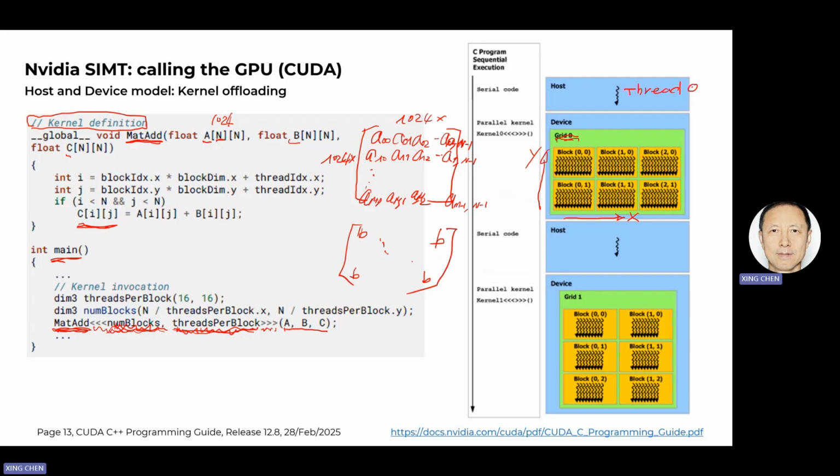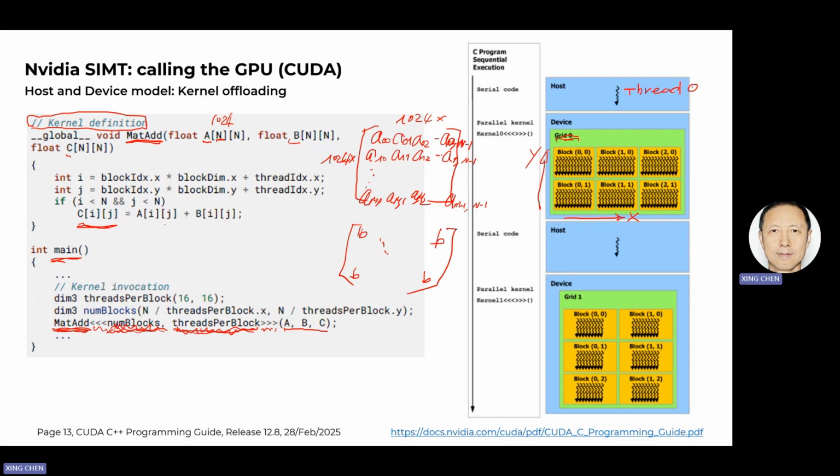Suppose you ask the GPU to give you 1 million threads. That's fine. We have 1 million threads and 1 million elements, so I can ask each thread to work on 1 element.